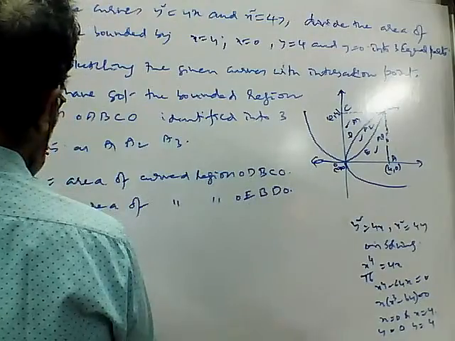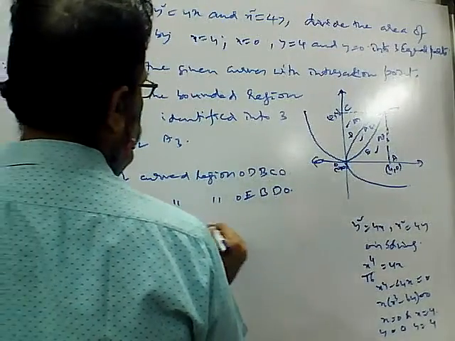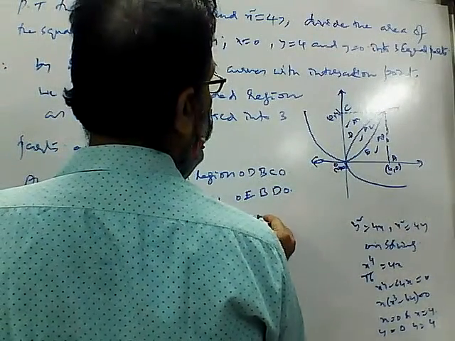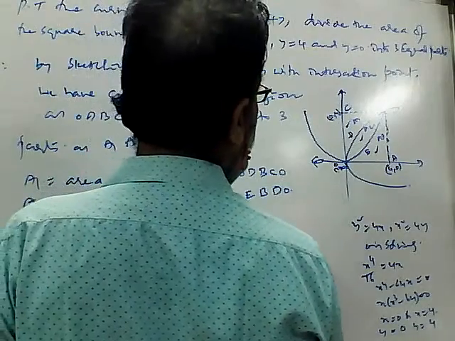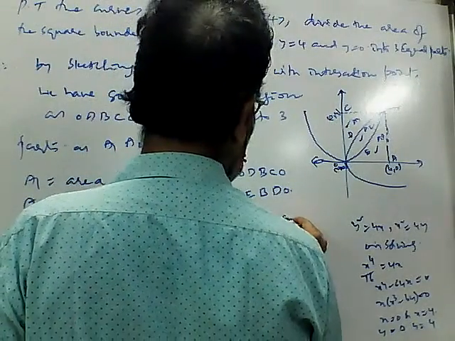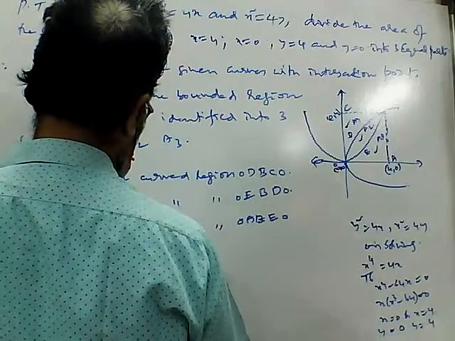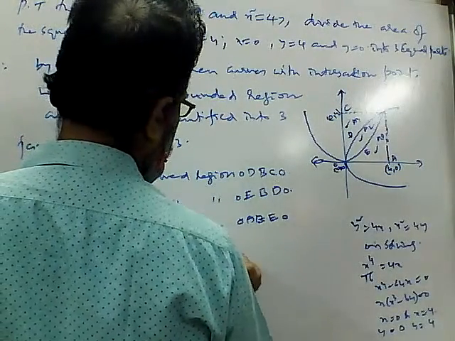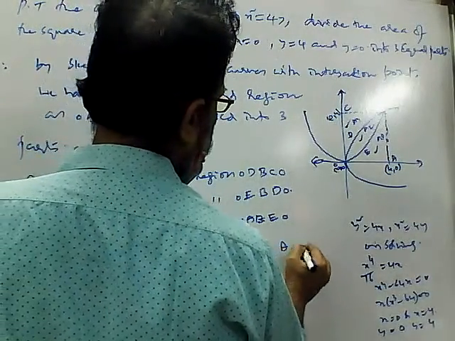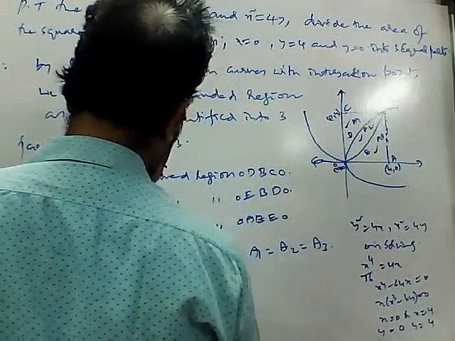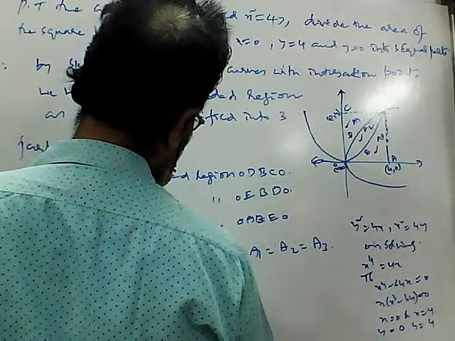Next, A3 is equal to the area of curved region OABEO. Now we need to prove A1 is equal to A2 is equal to A3 by finding the area of each region.